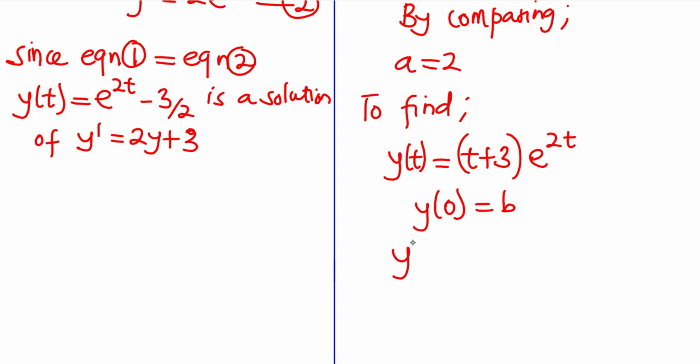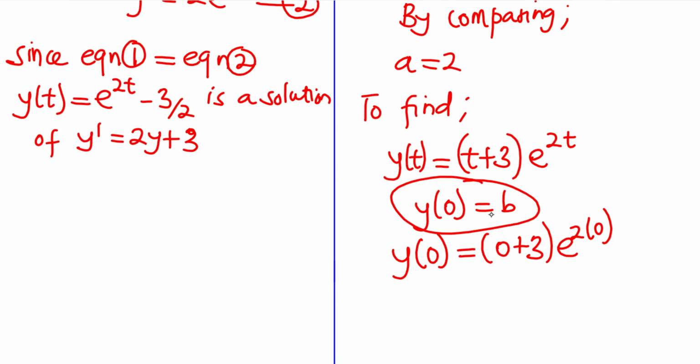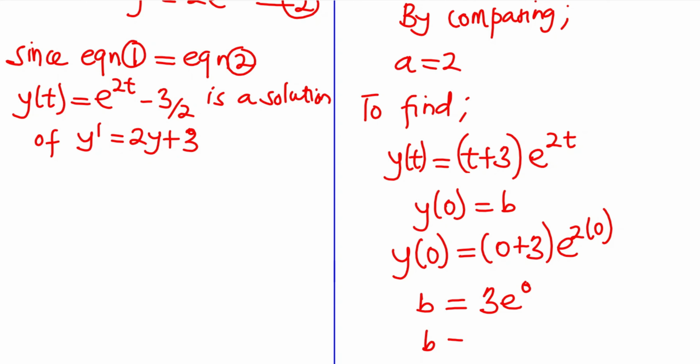So y(0) will now be equal to, there is t here, so I have 0 plus 3, and then e^(2t), there is t here, then I bring my 0. But the IVP said that for y(0), we should substitute b. So for y(0), I write b, which is equal to 0 plus 3, the same thing as 3, and then e^(2·0) is the same thing as e^0, and any number to the exponent 0 is 1, so 1 multiplies 3 gives us 3.